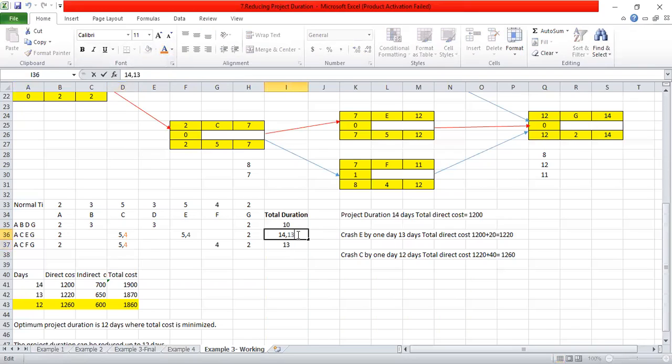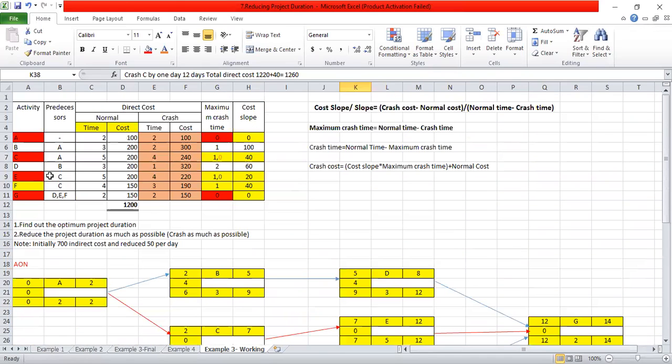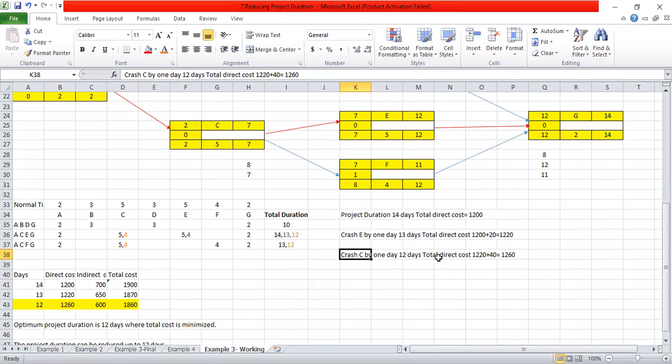So the total duration now becomes 12, and here also 12. So the project duration, the critical path, is now 12 days. And the total direct cost: previously we had 1,220, and to that you add 40, which gives 1,260 now.